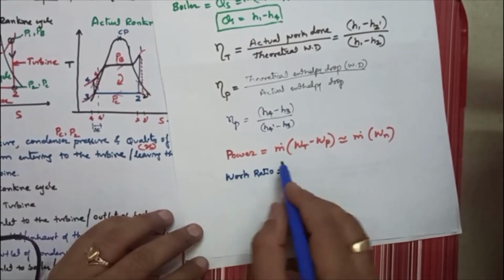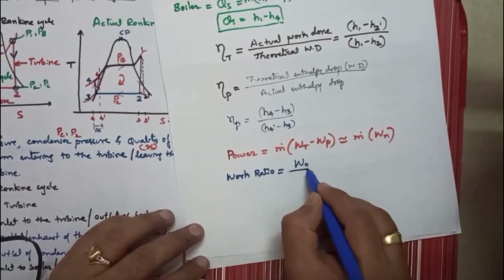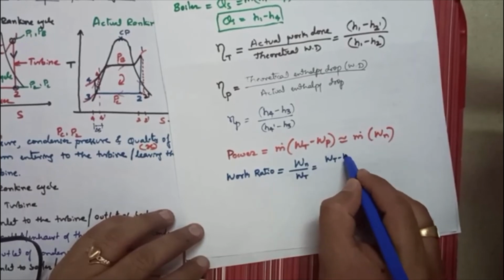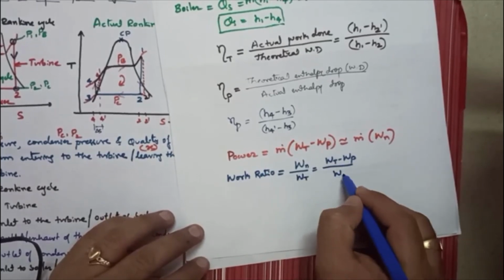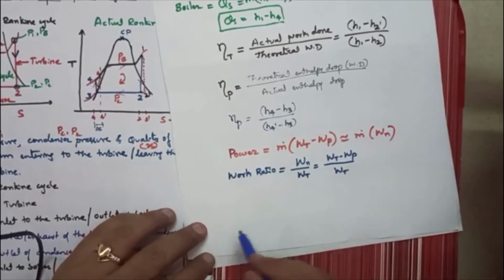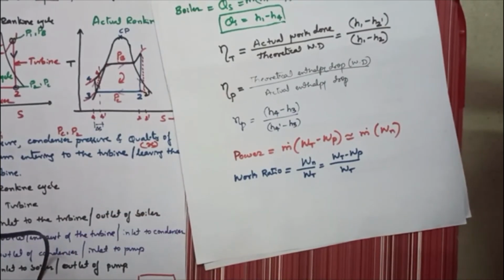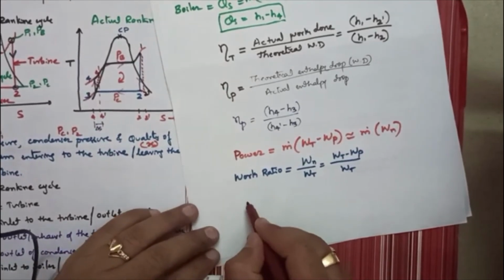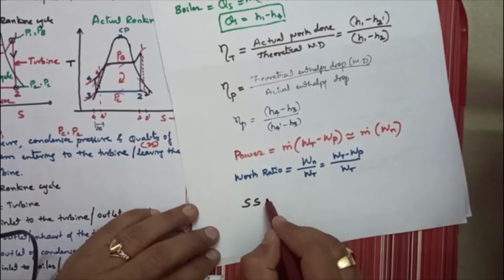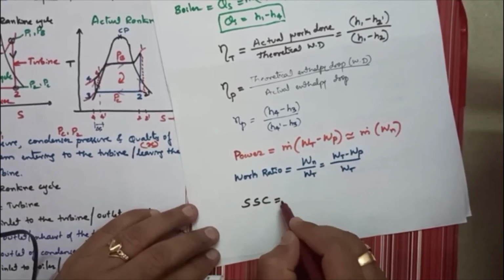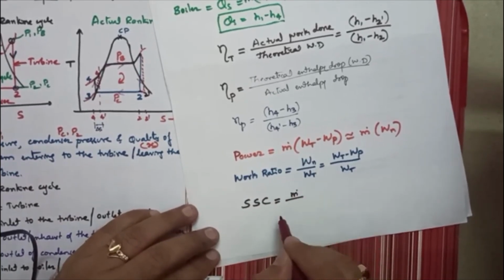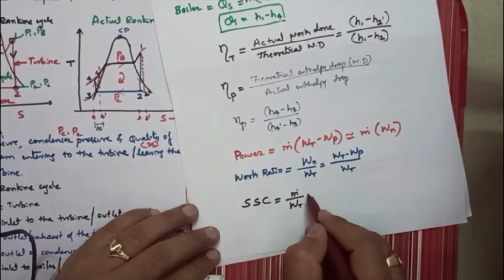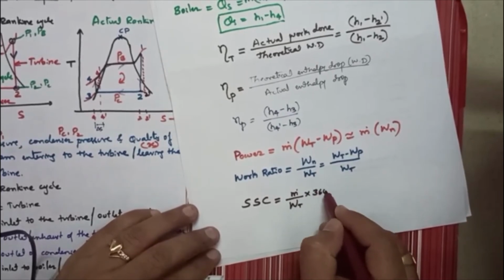Work ratio is equal to net work done divided by work done by the turbine, that is WT minus WP divided by WT. One last formula is specific steam consumption, which is equal to m dot divided by net work done, multiplied by 3600.